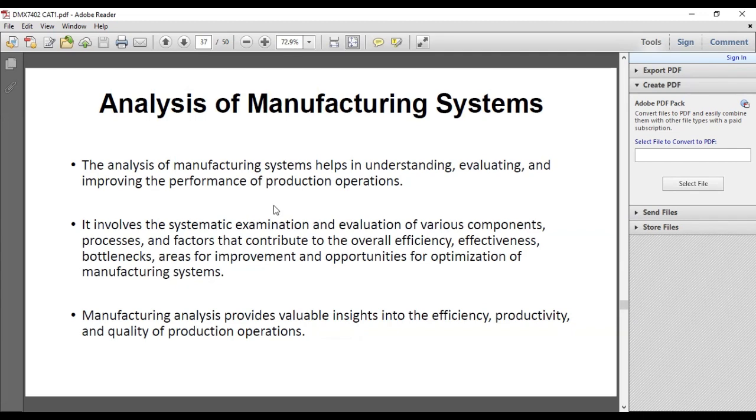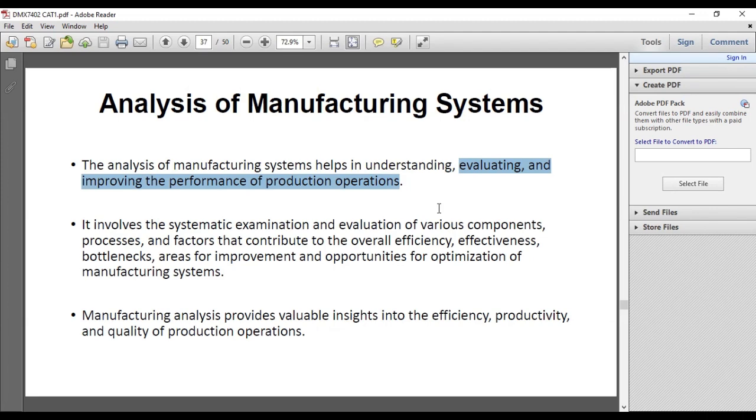So why we analyze manufacturing systems is to help understand, evaluate and improve performance and production operations. This is the basic reason why we analyze manufacturing systems.